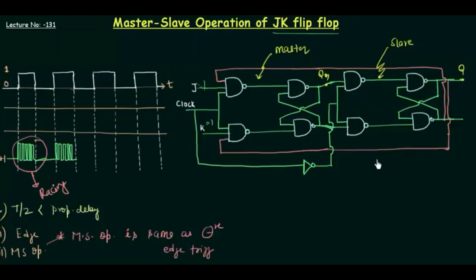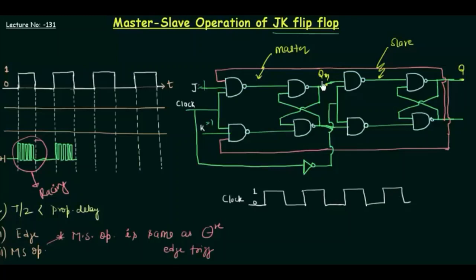For better understanding, we have to make a clock and we have to see our outputs QM and Q. So let's make our clock first. The clock is changing as a function of time, and the values for J and K are 1 throughout. Okay, so this is my clock. This is low, this is high, and CLOCK.